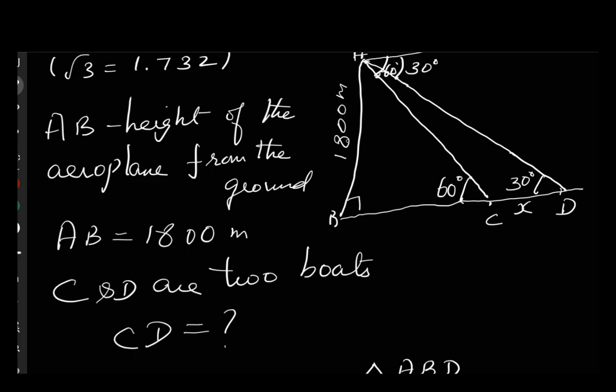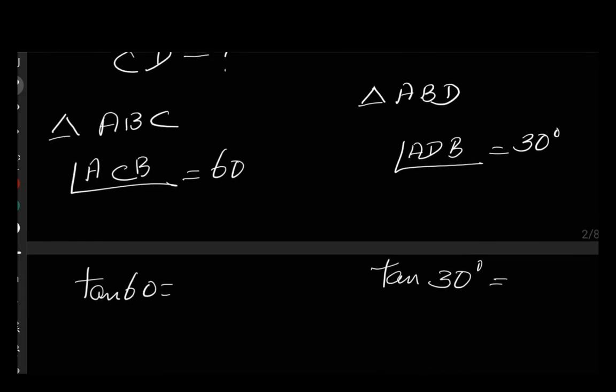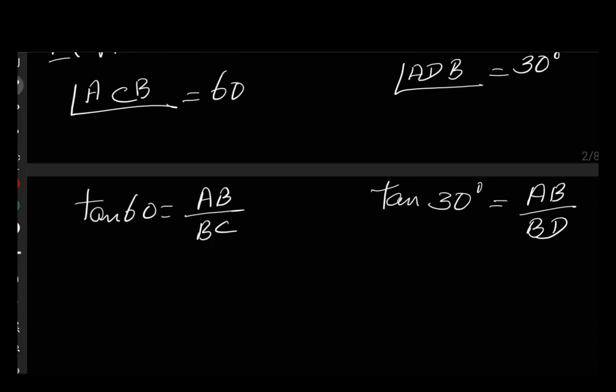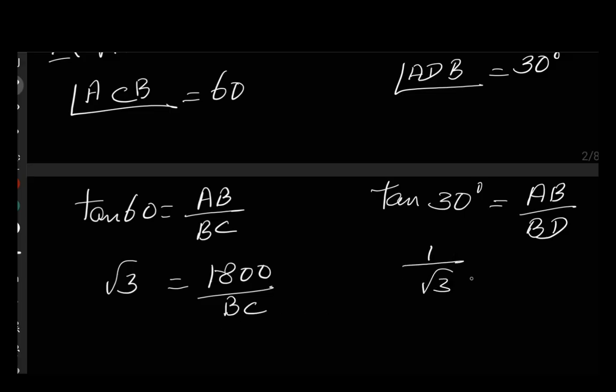Tan 30, again opposite side, AB by BD. So AB by BC, AB by BD. Tan 60 is √3. What is AB? Height of the aeroplane from the ground, 1800. BC we don't know. Tan 30 is 1 by √3.